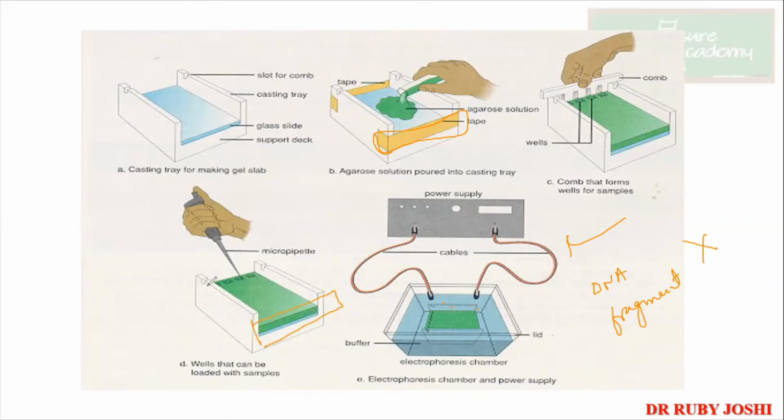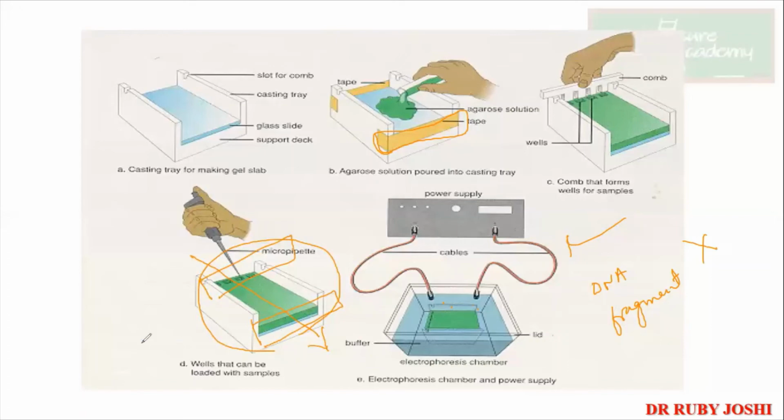So the tape was not removed. Since it wasn't removed from here and here, what had happened? The electric field that was applied was not passing from here. The buffer that was here was not able to pass, because of which the ions present in this area were not able to pass. So when the electrons have not flowed, how would your DNA separate?